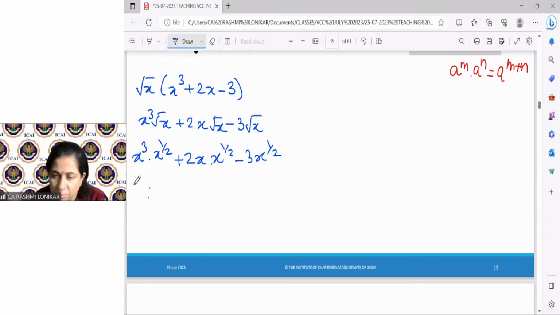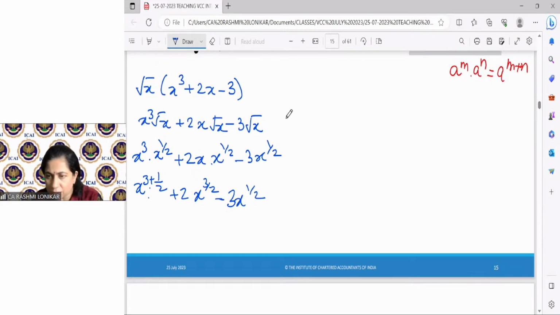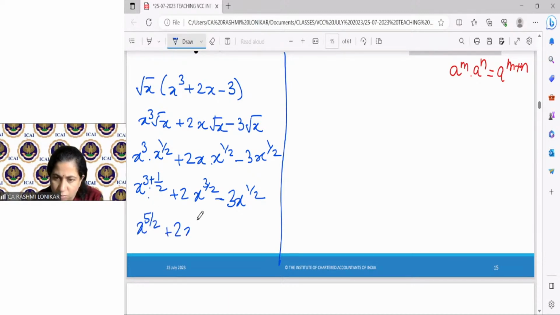So what will this become? x raised to 3 plus half plus 2x raised to 3 by 2 minus 3x raised to half. Now once I found this, x raised to 5 by 2 plus 2x raised to 3 by 2 plus 3x raised to half.